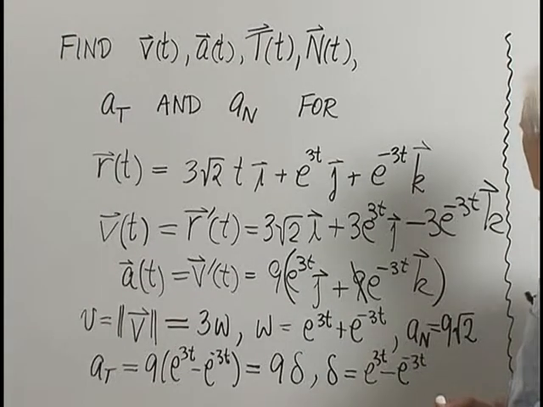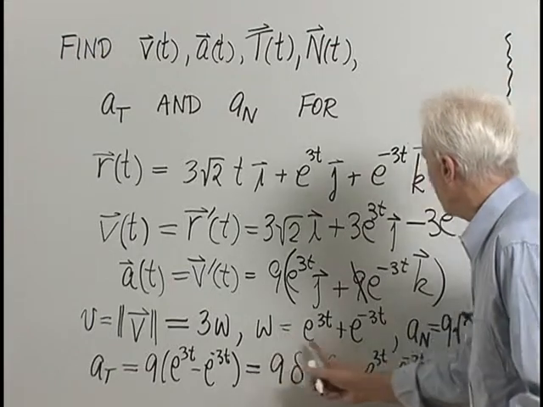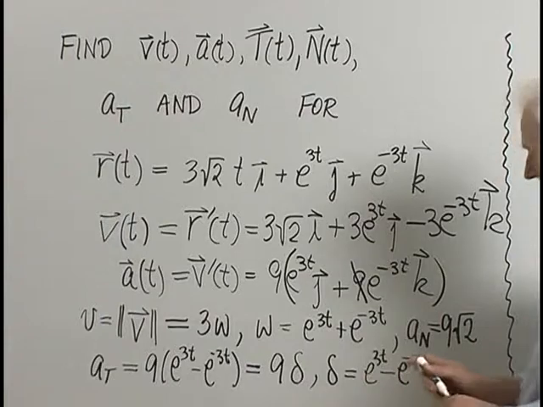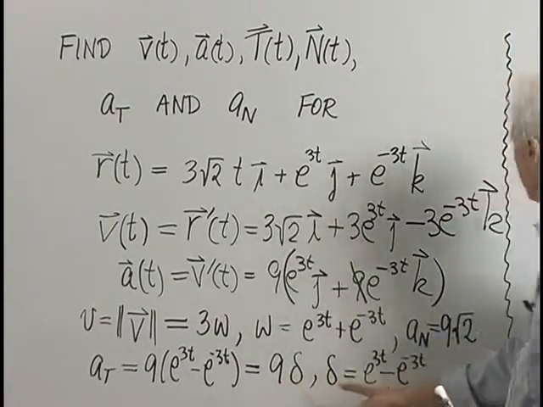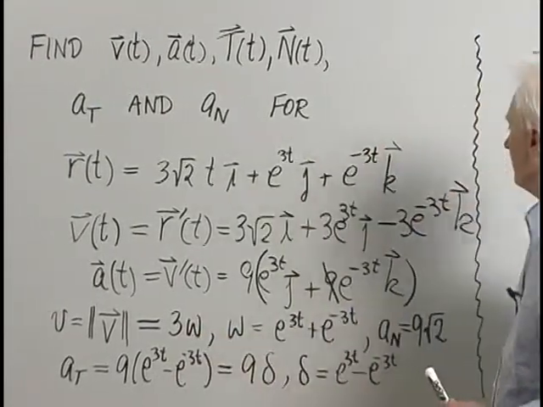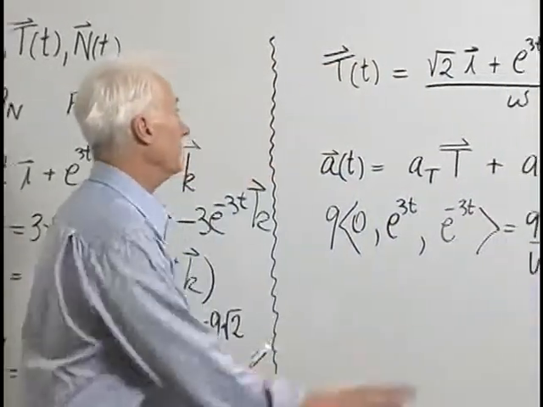In other words, the two things that are important here are in effect w, which is the sum of the exponentials, and delta, which is the difference of the exponentials. So the delta comes up in the tangential component of acceleration, whereas the w comes up in the speed. So now let's go to our final calculation.